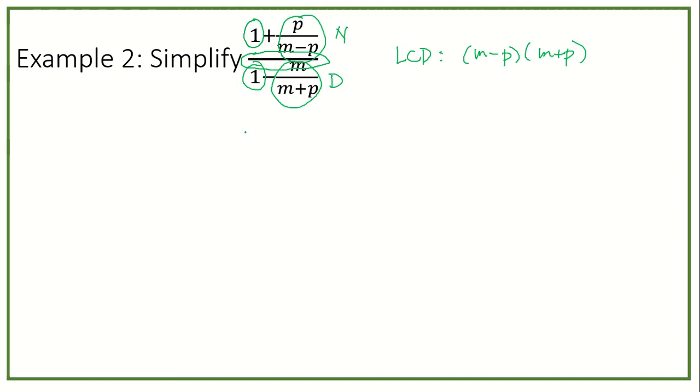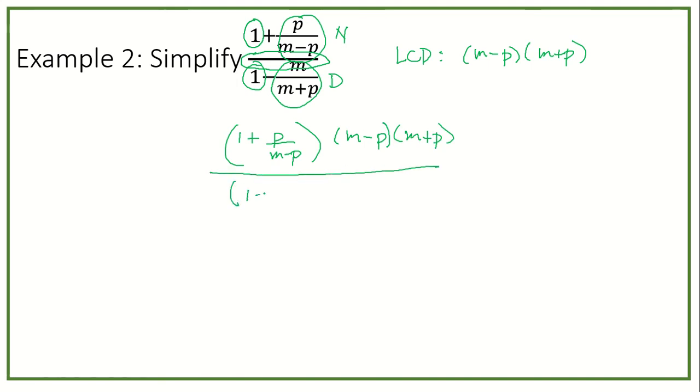So, the next step is to multiply the numerator with the LCD. So, kumbaga ito, i-multiply natin ng m minus p, m plus p. Yung denominator din, 1 minus m over m plus p. I-multiply din natin si m minus p times the quantity of m plus p.